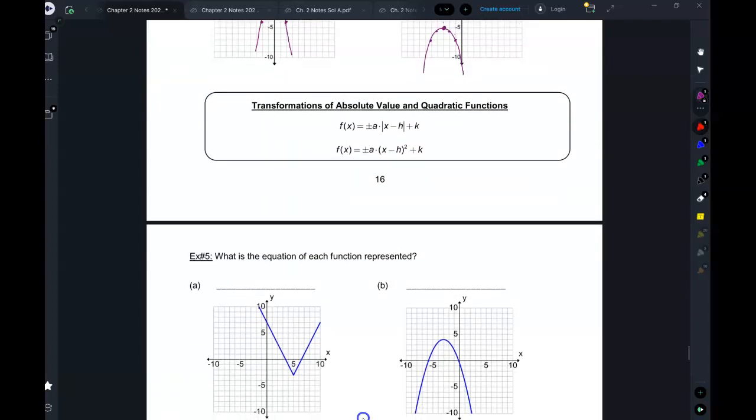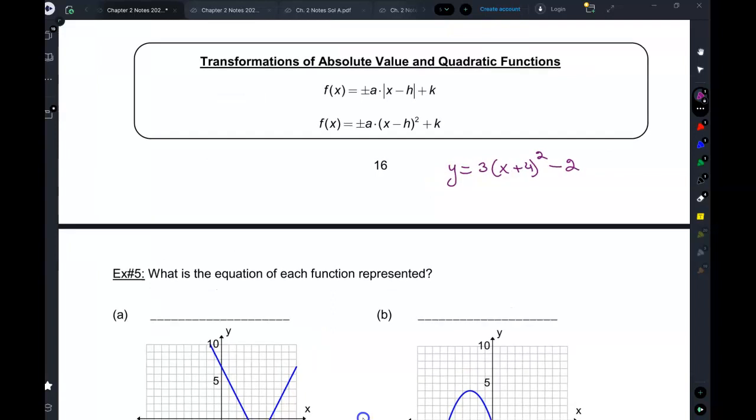So now, if I were to give you any random function that you haven't seen before, so y equals, would you be able to figure out the domain and range? What's the domain? All real numbers. What's the range? Y is greater than or equal to, because it's positive, -2. Okay, so how did we figure that out? Because the vertex is going to be -4, -2.